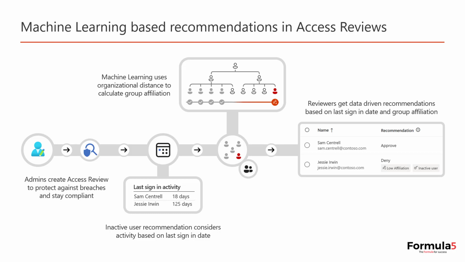So machine learning uses organizational distance to calculate group affiliation. So if a person is not working closely with people under a specific group, maybe this user should not be assigned to this specific group. Maybe this user should be assigned to another group and work with other people. So this is really powerful here.